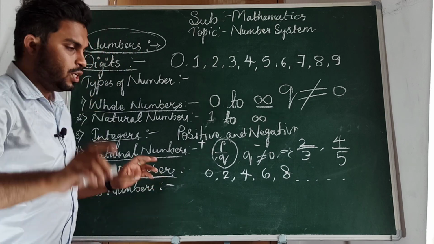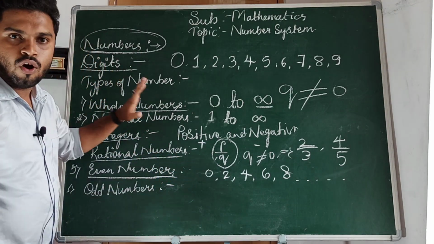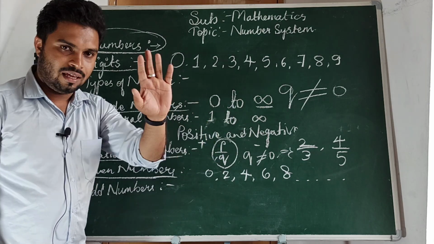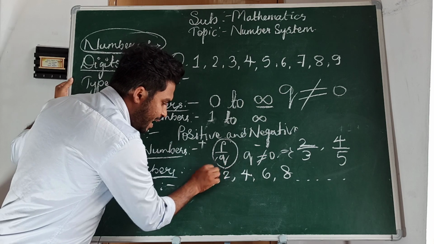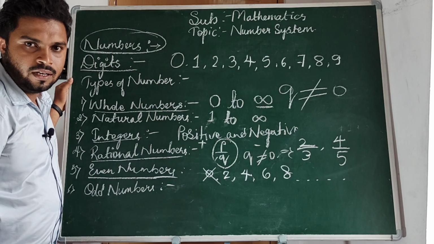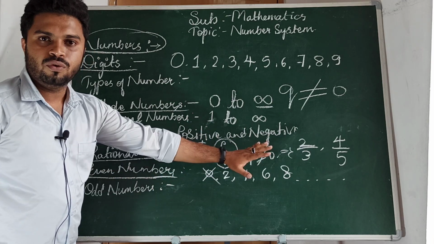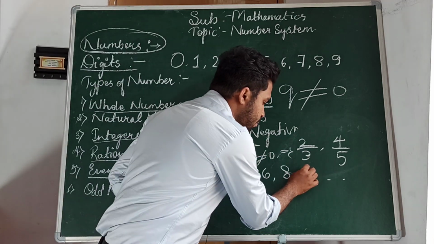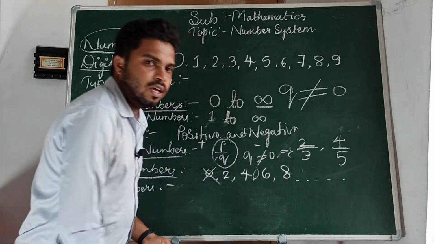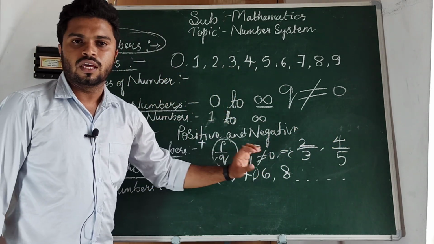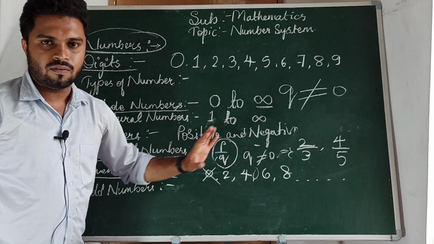Now the question is, does 0 come as even or not? See, if you write it first, you will not get an even number, because it won't be an independent number. What we have to do is write it in between, or at last. Then you can conclude it is an even number. If it is independent, you won't get 0 as an even number.